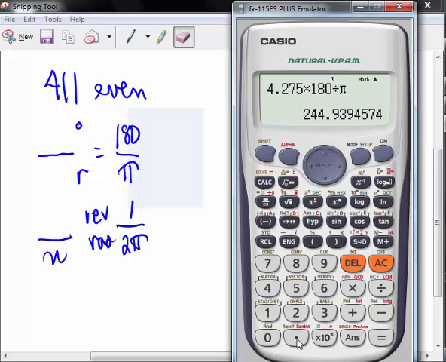And number 16, 0.236 times 180 divided by pi is 13.5.